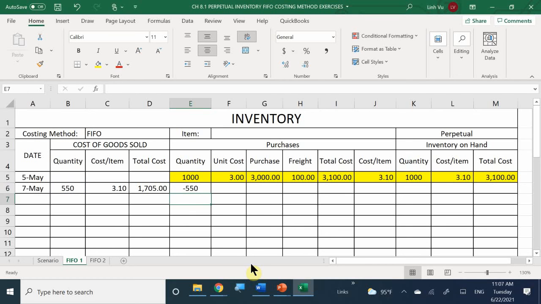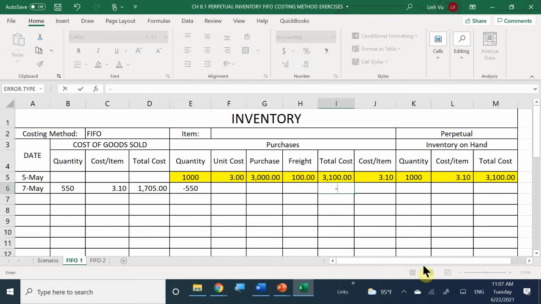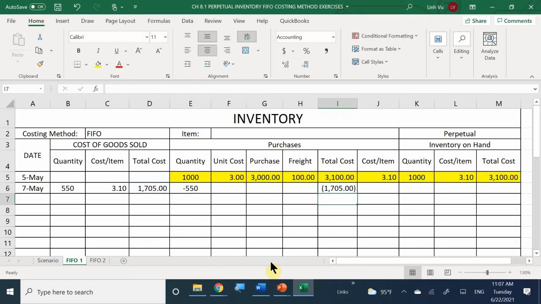I'm going to follow the line through. I sold 550 units and it cost me a total of 1,705. I put negatives there so you can see I'm trying to subtract it out of my inventory.